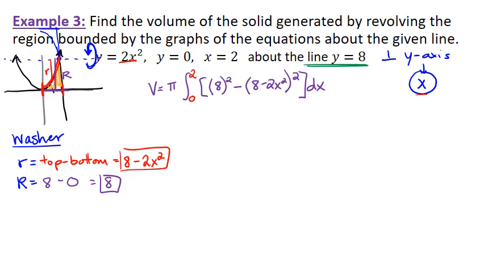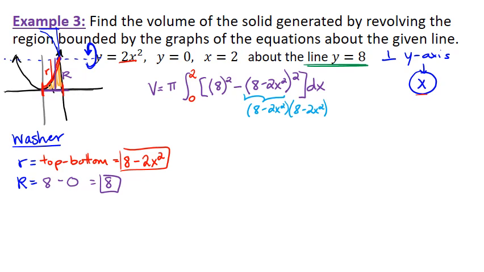Now the hard part is done, which is the setup. Now one thing I want to mention before I go on to the next example is you cannot distribute this square because you have a binomial here. Remember, you can only distribute an exponent if the base is involving multiplication or division. So here you will want to FOIL this out.